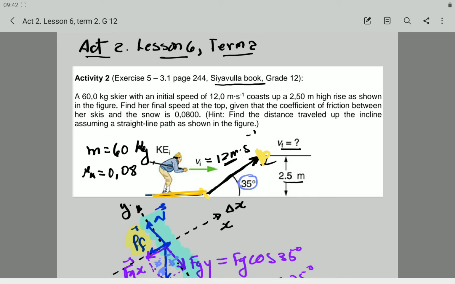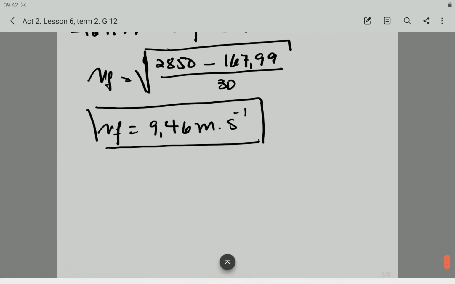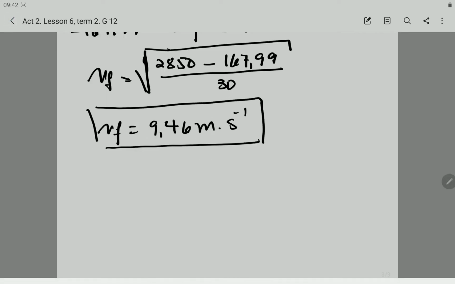So this question was done. We're just going to do the same question, but using the work-energy theorem. So I'm going to go on with the same solution because we are going to use the same problem.